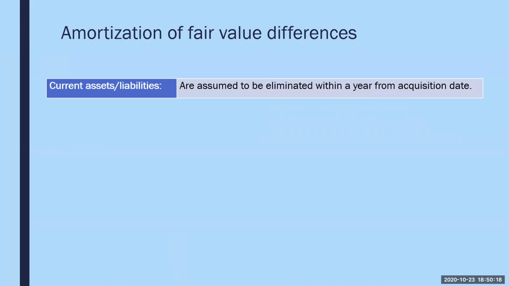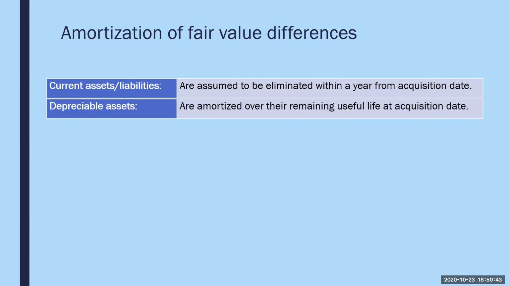So looking at the amortization of fair value differences for items relating to current assets or current liabilities, stuff like accounts receivable, inventory, accounts payable, and such like, the fair value differences are assumed to be eliminated within a year from the acquisition date, i.e. the fair value difference is amortized within a year from the date of acquisition.